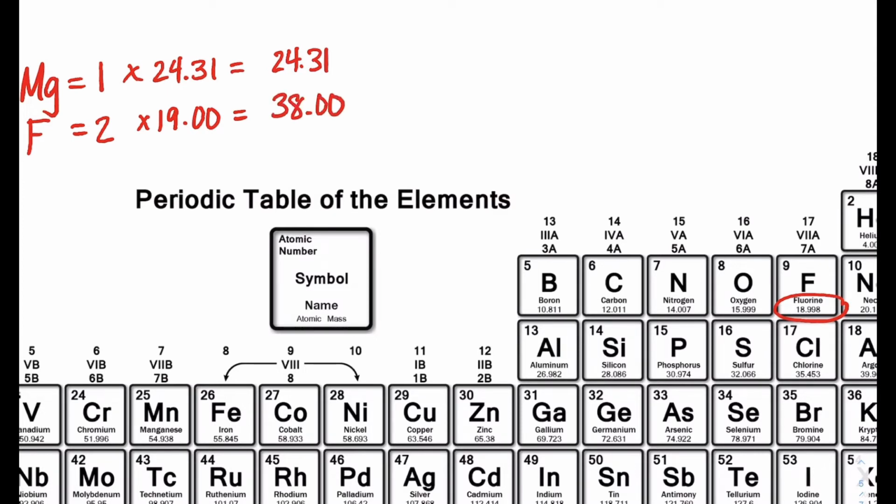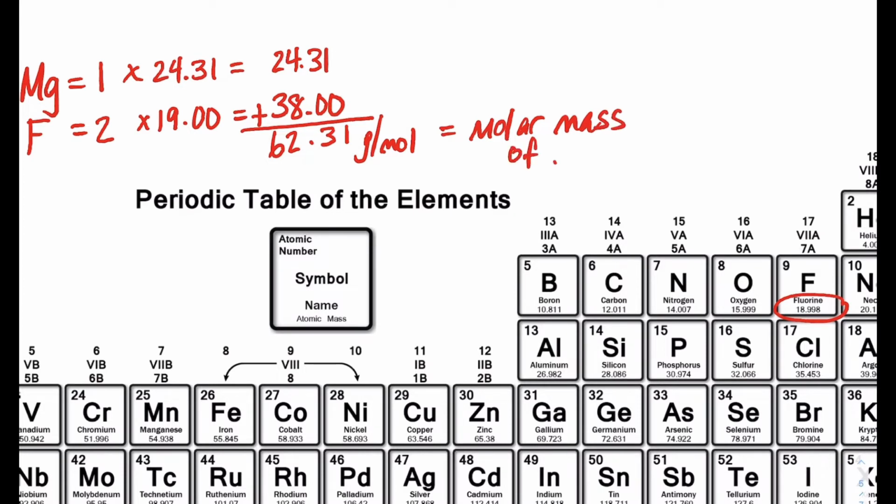To find the total mass of magnesium fluoride, we need to add up the masses of the individual elements. 62.31 grams per mole is the molar mass of magnesium fluoride.